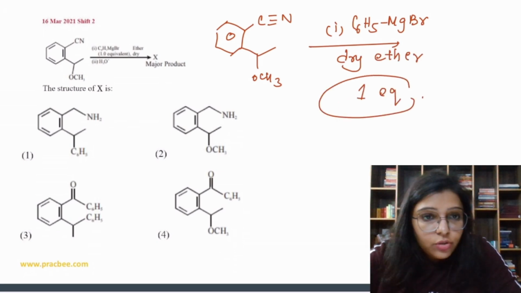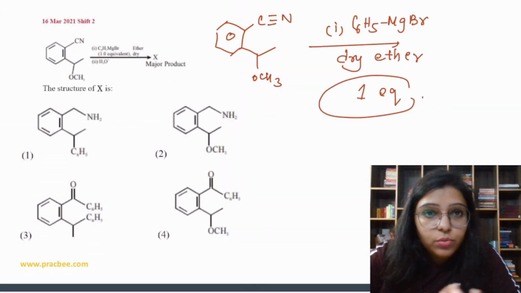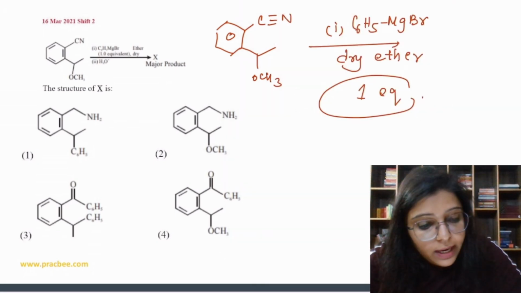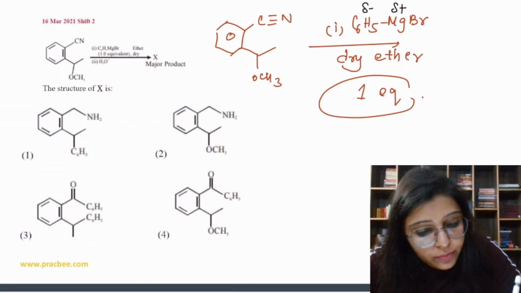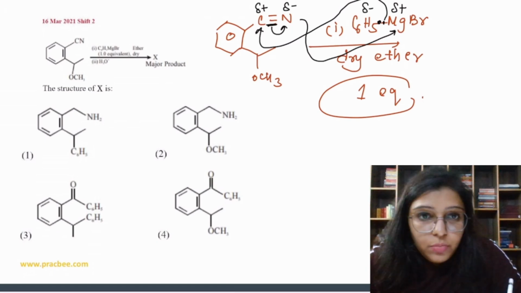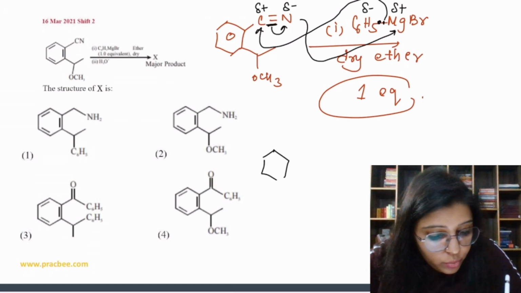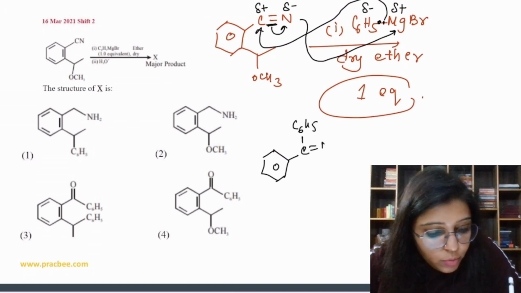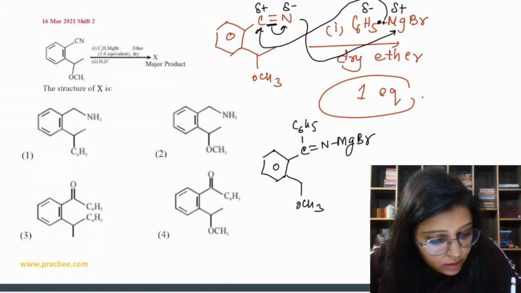What is the function of this? Nucleophilic addition, because we do not have acid over here. So delta positive, delta negative. This phenyl group forms a bond with this carbon, the electron of this bond shifts to nitrogen, and nitrogen forms a bond with MgBr. On doing so we get C6H5 C=N MgBr, and here we write OCH3 and this.